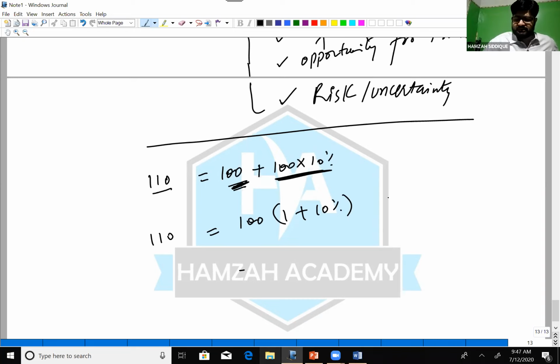Is it clear? This is a simple math rule from school level. Is it clear to everyone? I took 100 common from both of these. Now just see here.